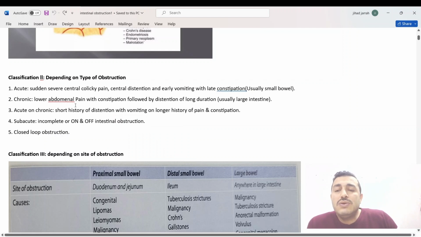Acute, what I want you to remember, is severe, sudden, colicky pain. It is usually with a small bowel obstruction.